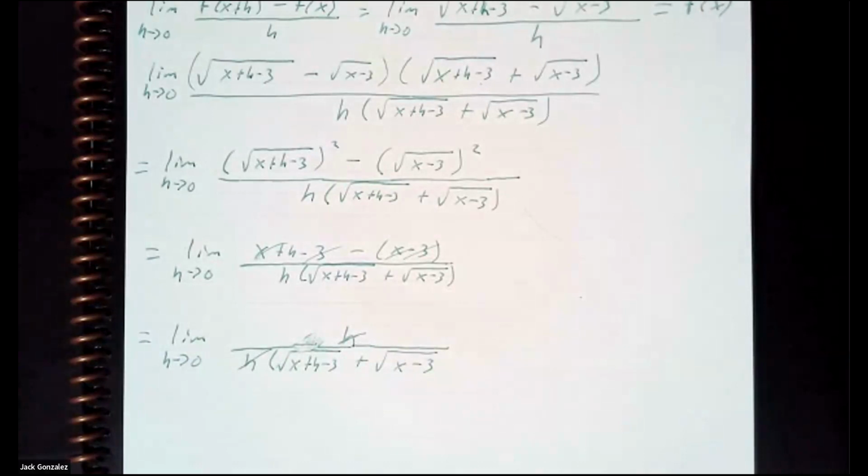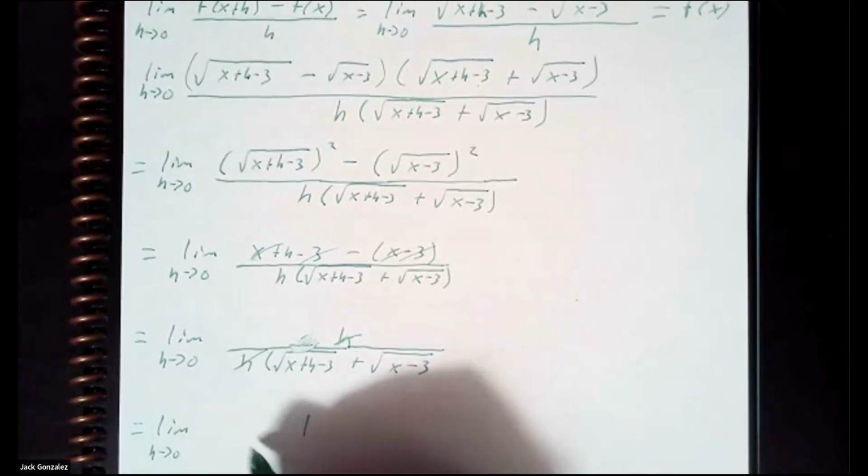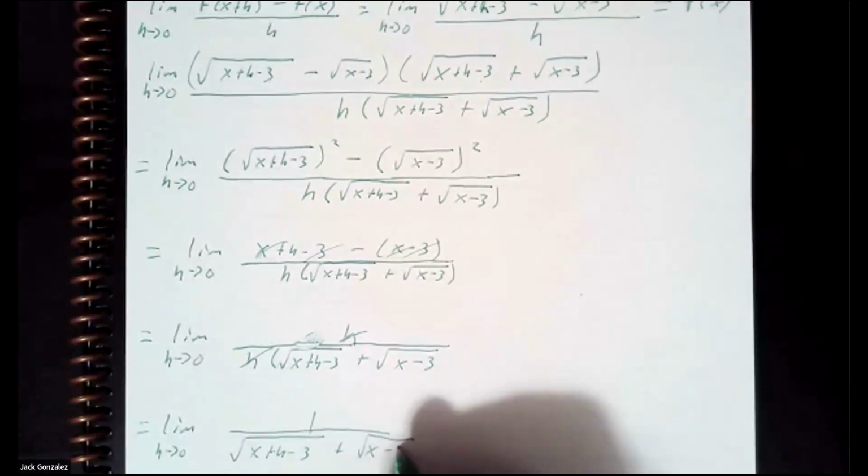Now, if you take the limit, we'll do that in the next step. So we got a 1 left over, over the square root of x plus h minus 3 plus the square root of x minus 3.